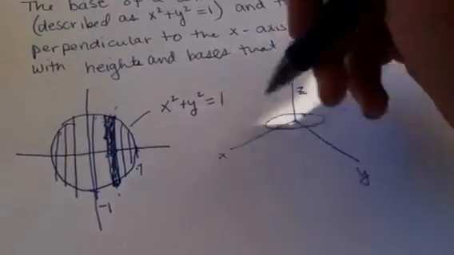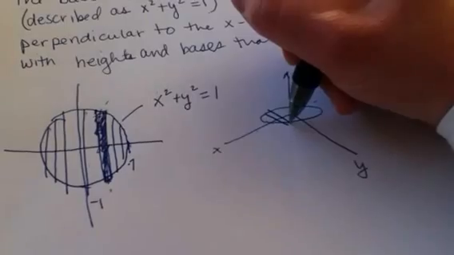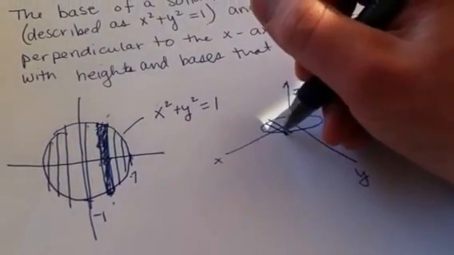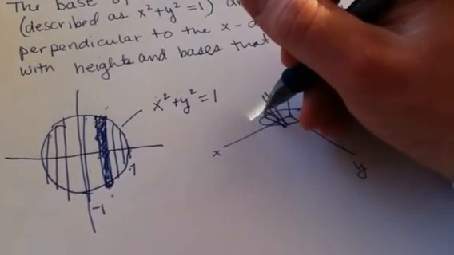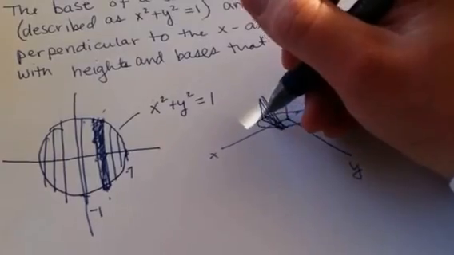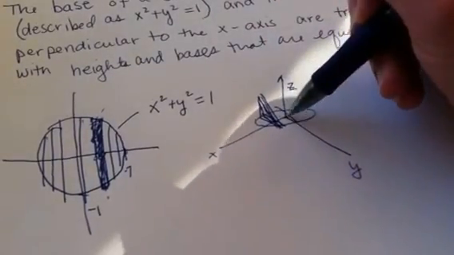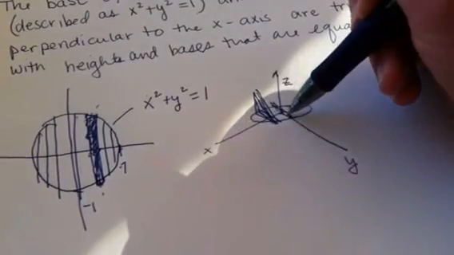So we'd have this triangle whose base is like this, and the tallest triangle would be right here across the diameter.